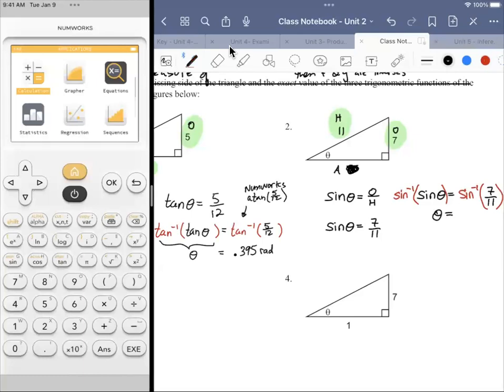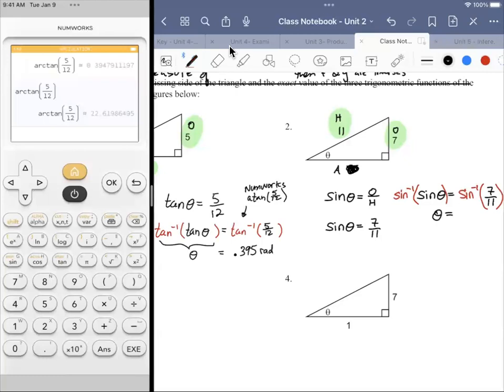So then I just need inverse sine of 7/11. Shift sine brings up arc sine, type in 7/11, hit OK, and you get about 0.690.